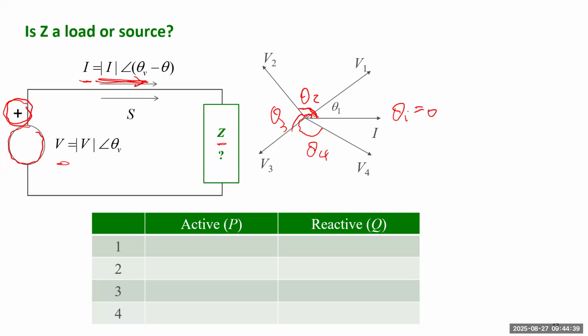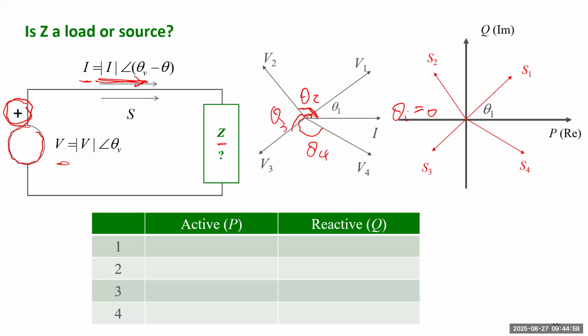In the second case, in the second quadrant, cosine theta will be negative and sine theta will be positive. And the third one here, both will be negative. And the last one, P will be positive and Q will be negative. So there are all 4 possibilities.